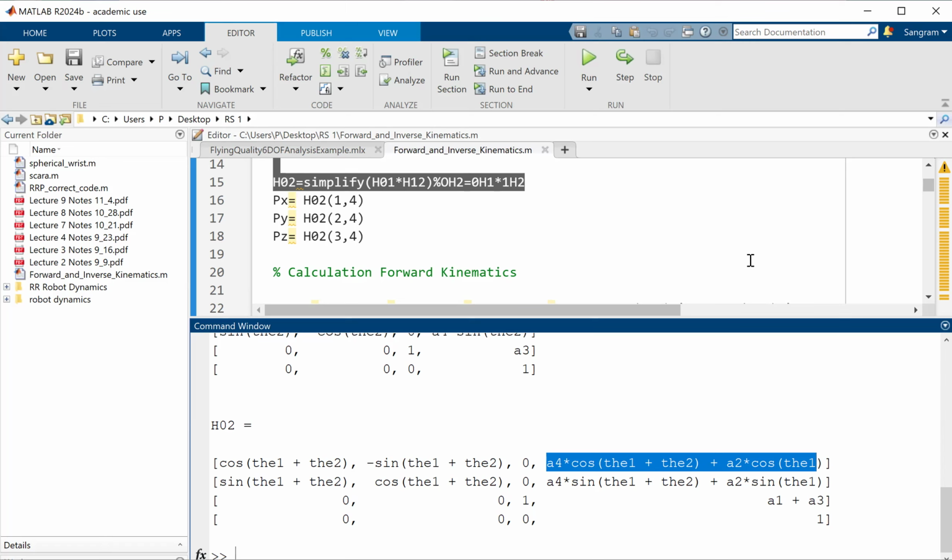Now the next part is really tricky, so pay attention. I solved this forward kinematics problem.